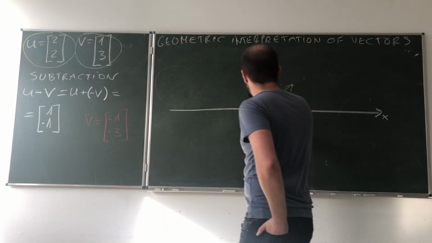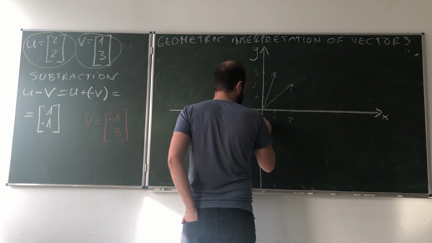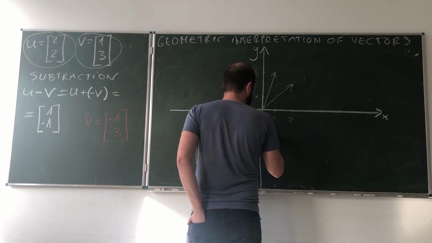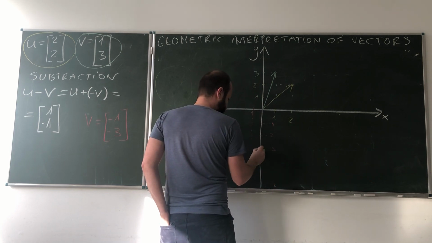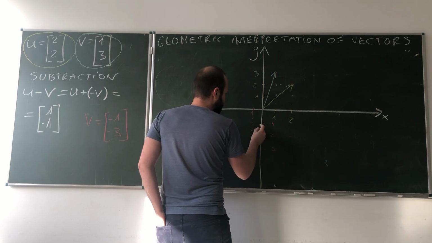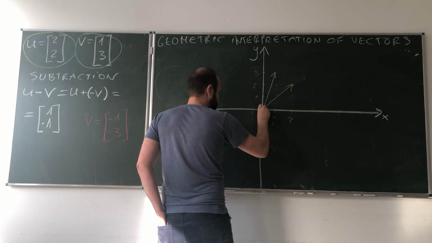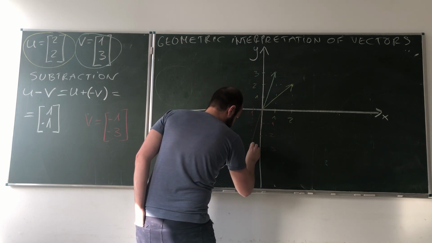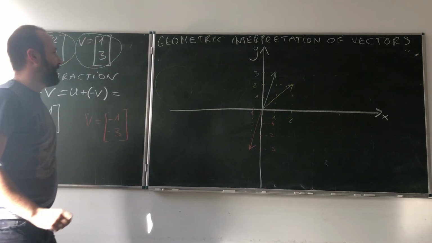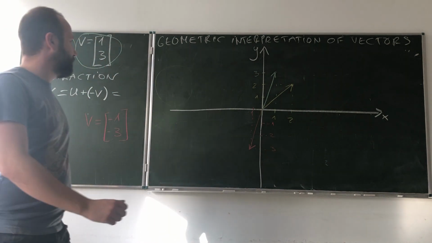So here I will have negative 1, and here negative 3. Vector negative v.